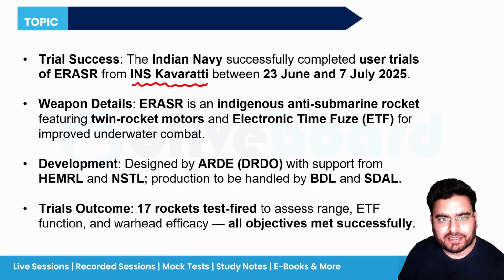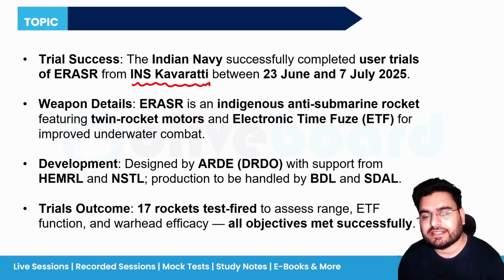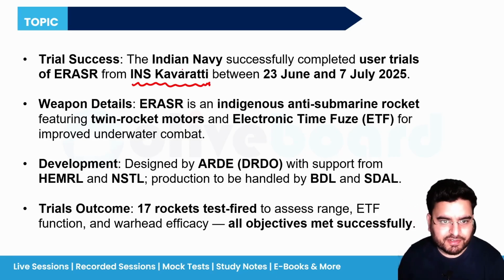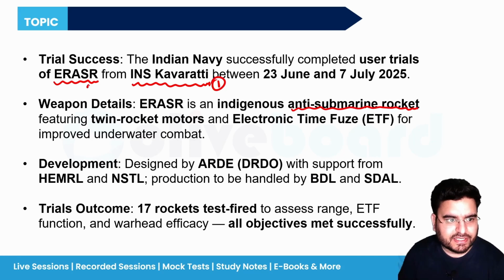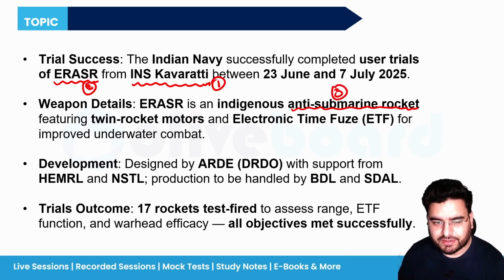INS Kavaratti. Kavaratti is basically the capital of Lakshadweep. So INS Kavaratti is the ship from which this Eraser was tested. It is an anti-submarine rocket. So first keyword, second keyword, third keyword you have to remember. And who has developed it? DRDO. Please remember this thing.